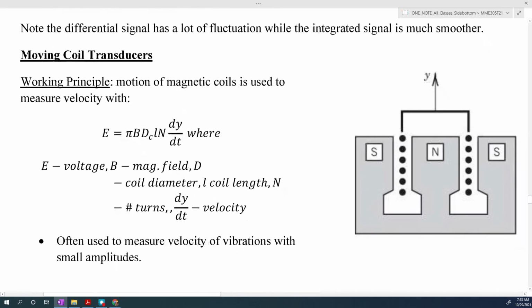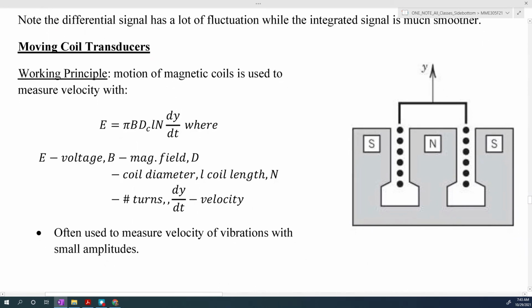The one is called the moving coil transducer, which basically works by having a series of circular coils that go all the way around a permanent magnetic field.